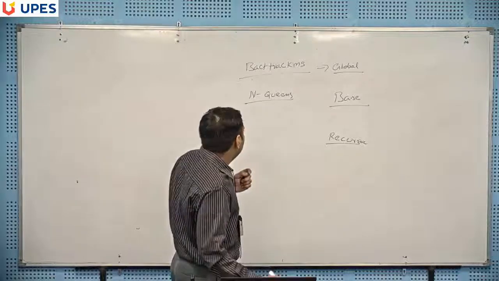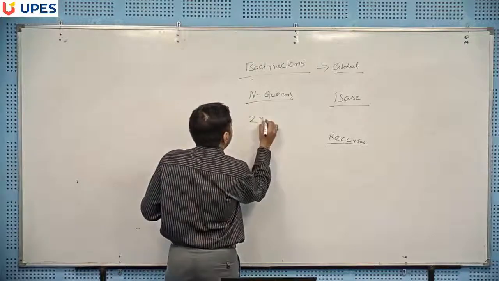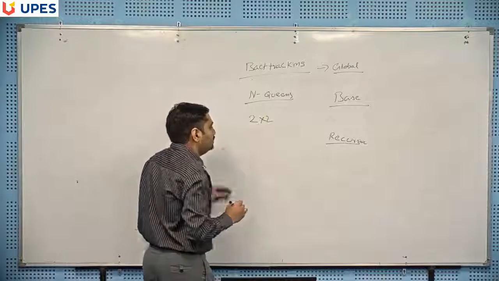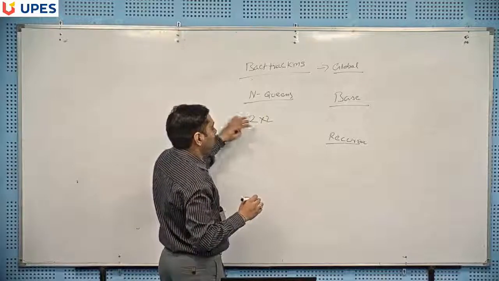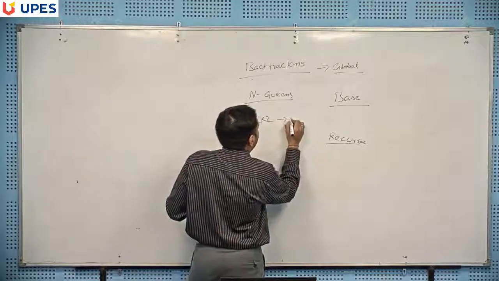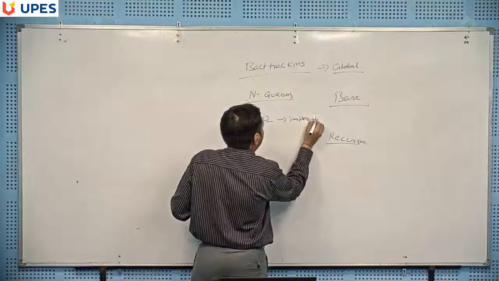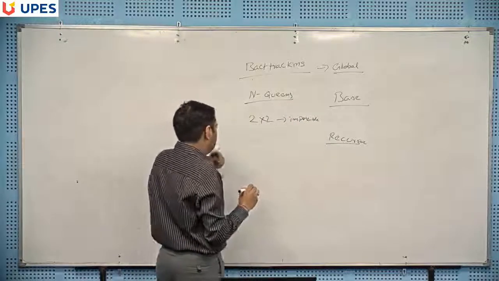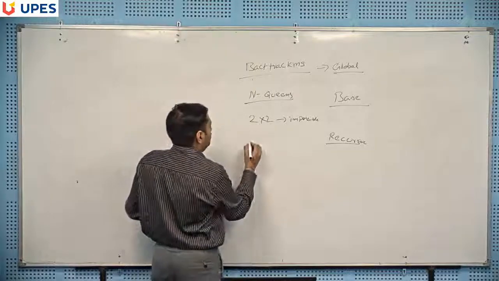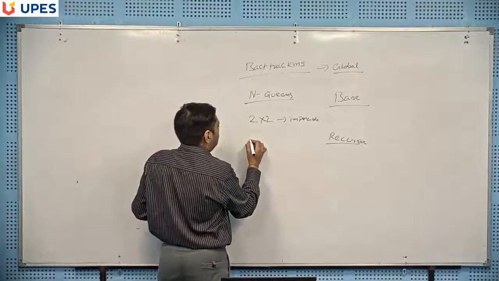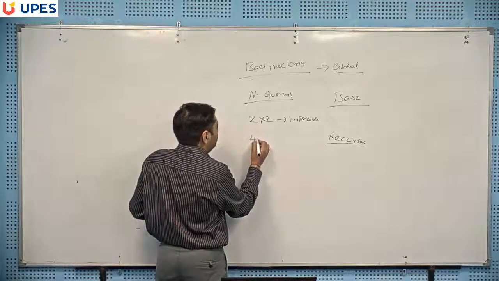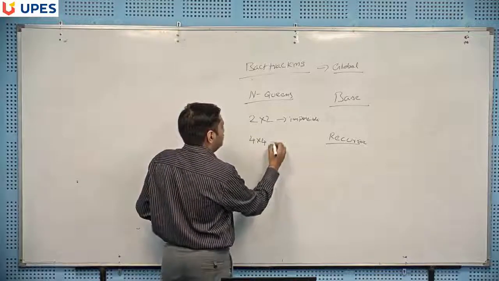So here, placing queens on a 2 by 2 chessboard is not possible, impossible, and the problem starts from a 4 by 4 chessboard.